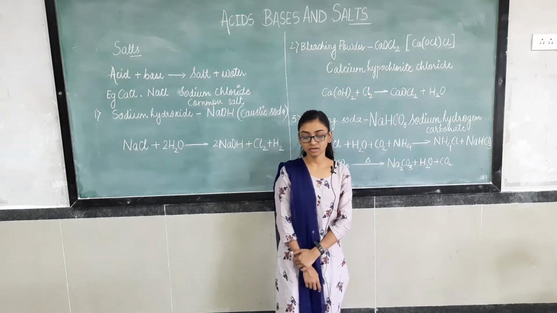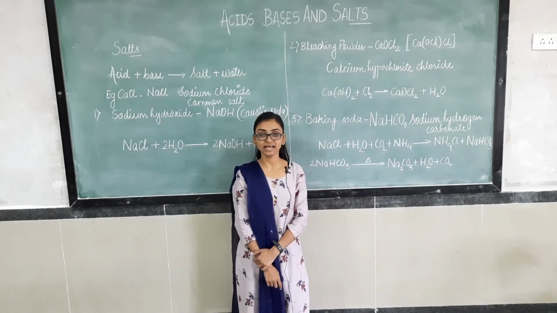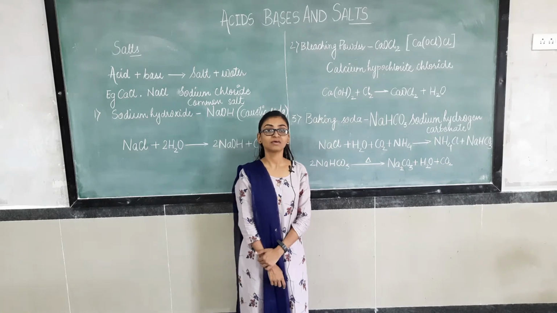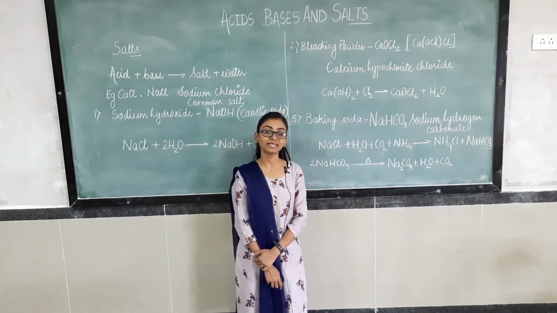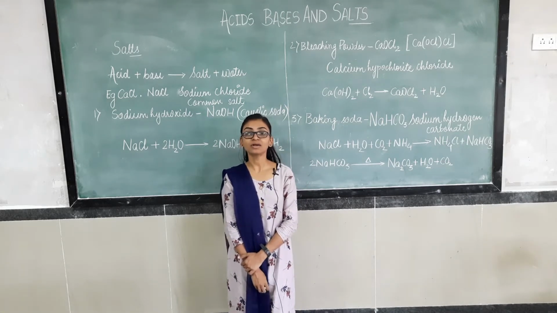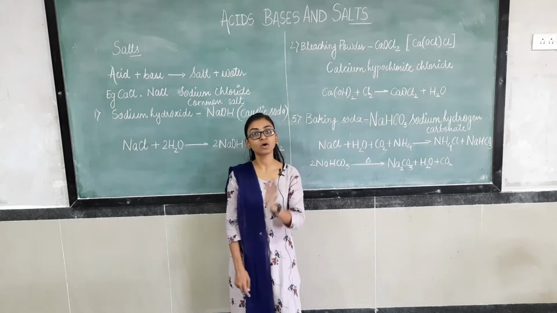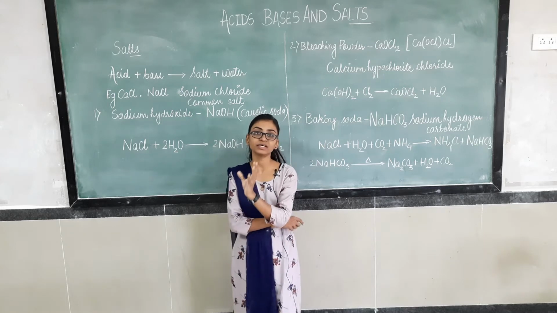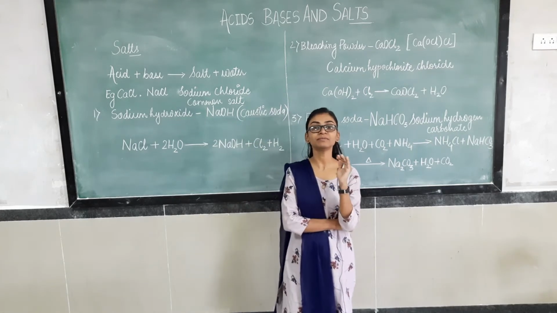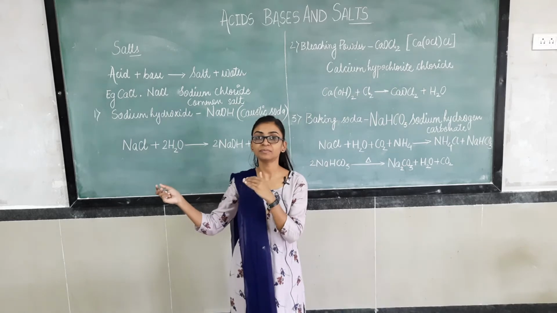And when a weak acid and a strong base combine with each other, the pH of the salt formed will be basic in nature, because the base is strong here. That's why the pH will be towards 14 on the pH scale.